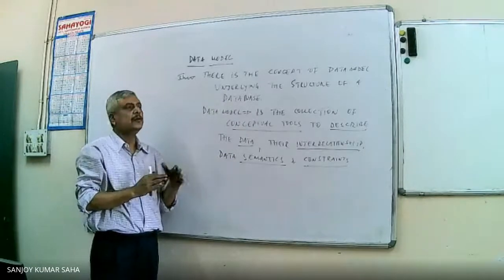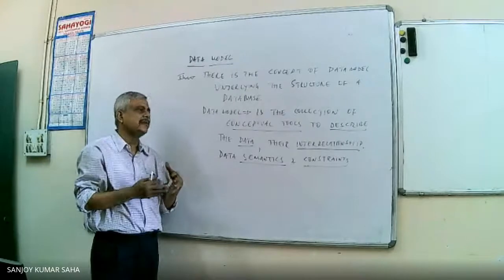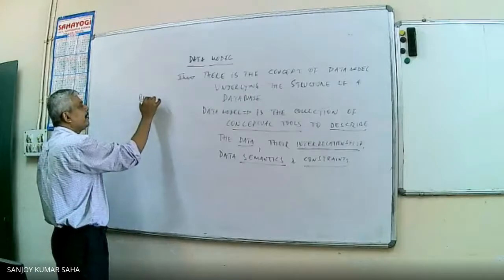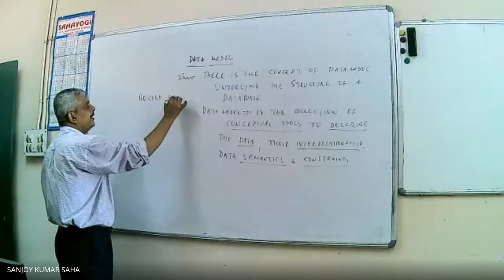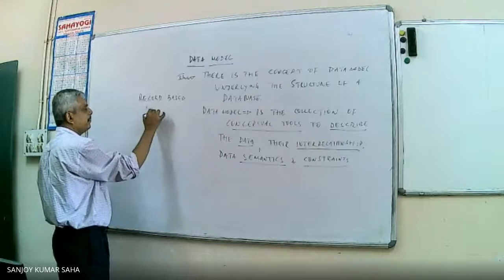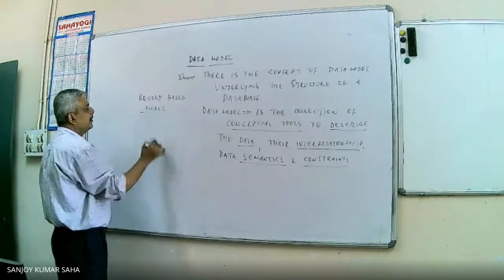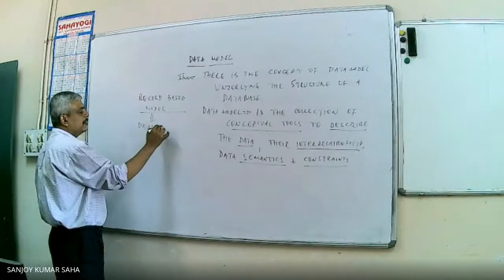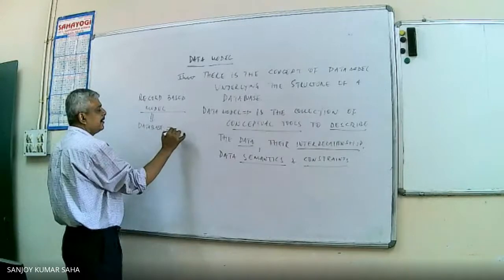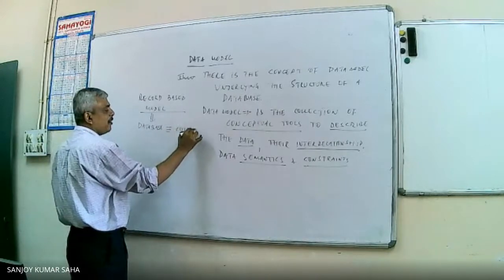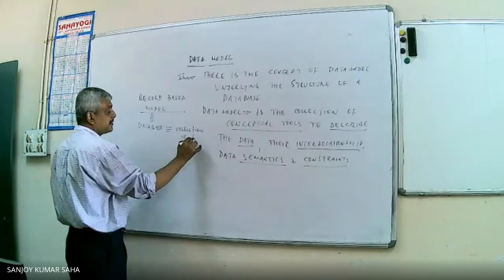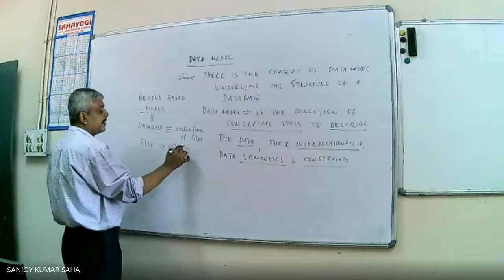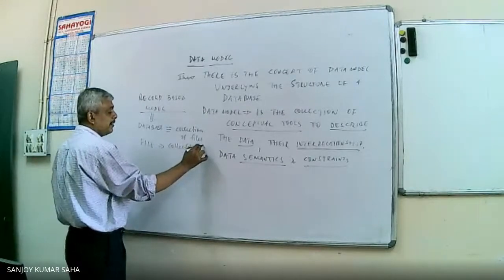Now, these data models may be categorized in various ways. We will be focusing on the record-based model. So as if the database is a collection of files, and a file is a collection of records.